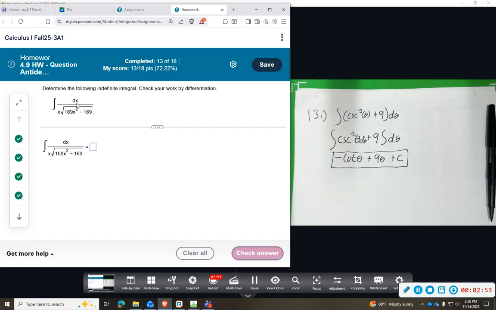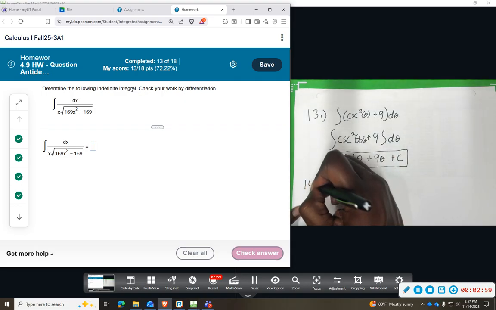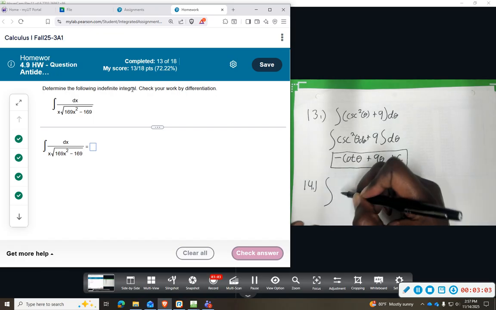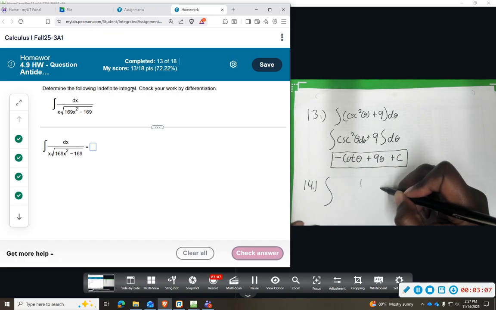All right, 14, we want to find the integral of this function. I'm just going to put a 1 up here and put this dx out to the back.